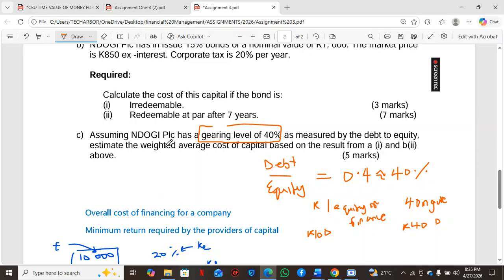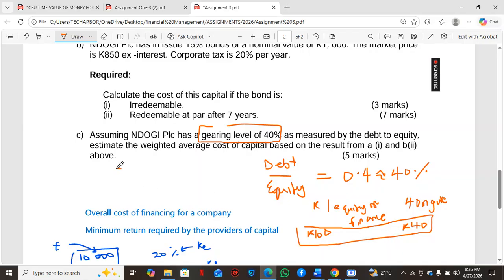I'll choose to use this: for every 100 kwacha of equity financing, there is 40 kwacha of debt financing.